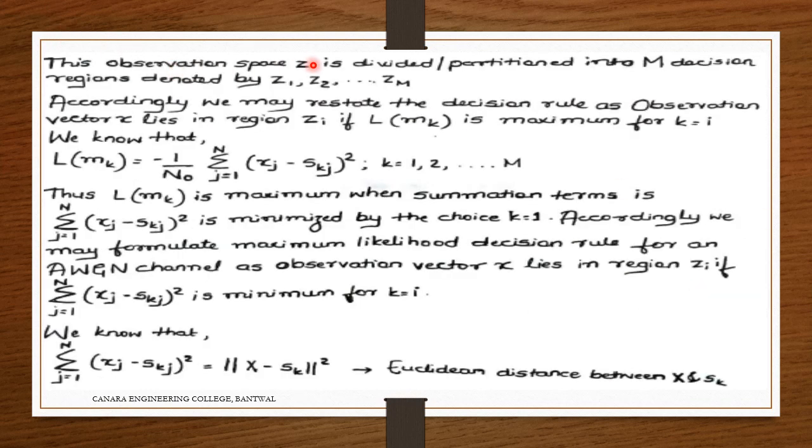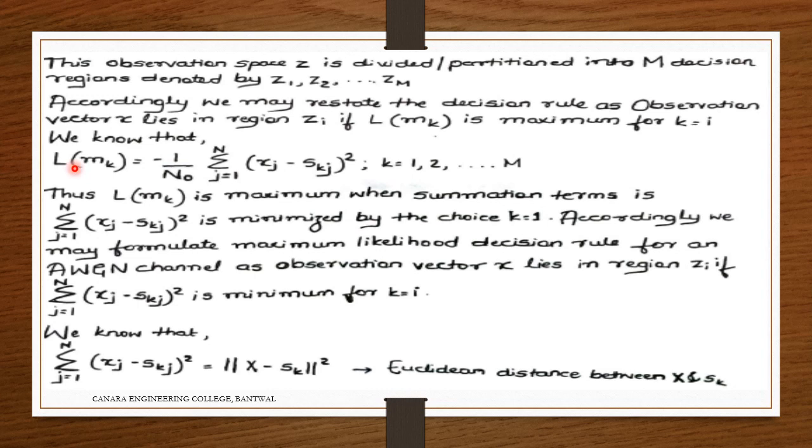This observation space Z is divided or partitioned into M decision regions denoted by Z1, Z2, and so on up to capital Z M. Accordingly, we may restate the decision rule as: observation vector x lies in region Zi if capital L of mk is maximum for k equals i.